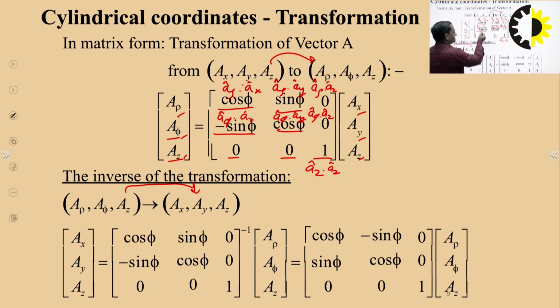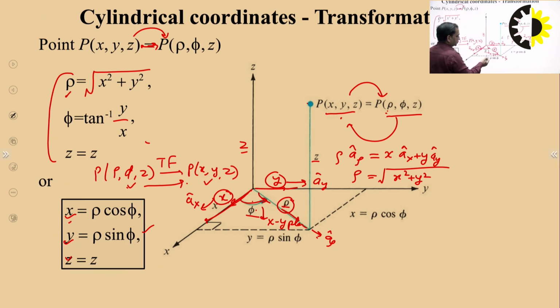Okay. So let's see how we are getting a rho dot ax is equal to cos phi. Come back. This is the ax direction. This one is the a rho direction, right? So we want to calculate ax dot a rho.